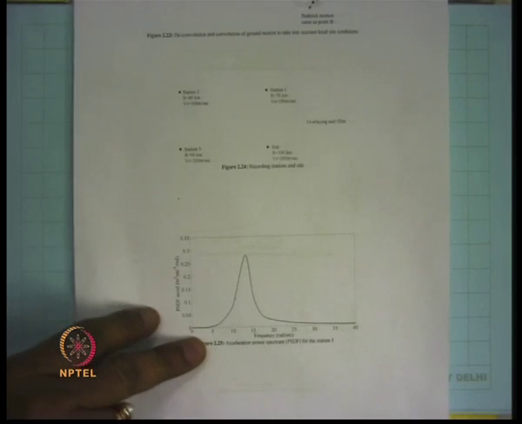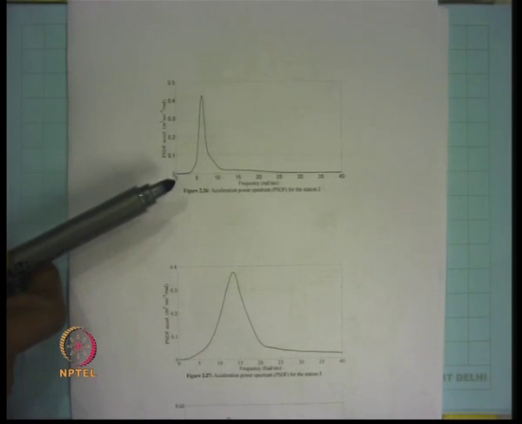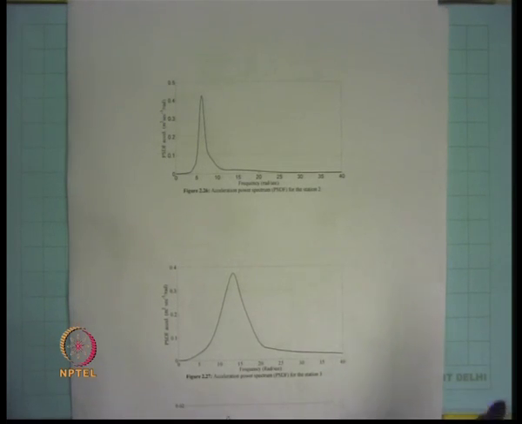For site 2, this is the power spectral density function of the ground acceleration which is shown, and this is for site 3, the power spectral density function which is given.